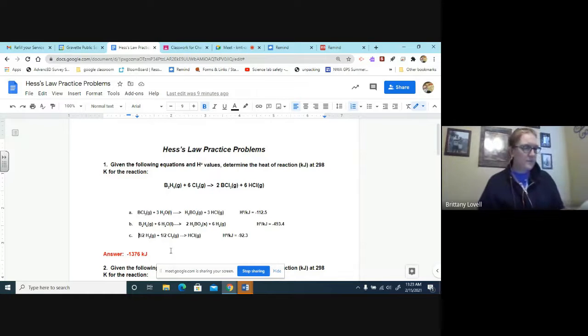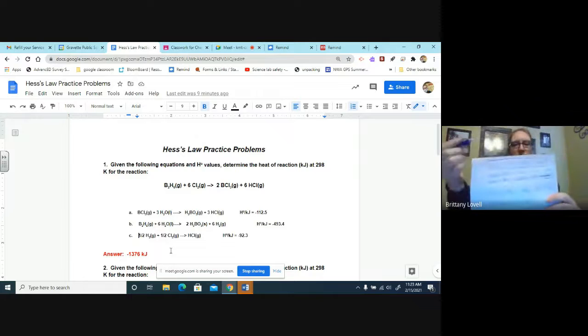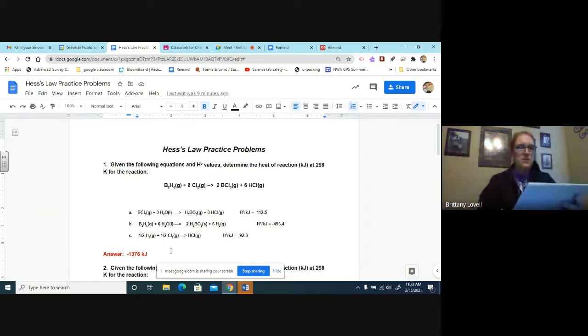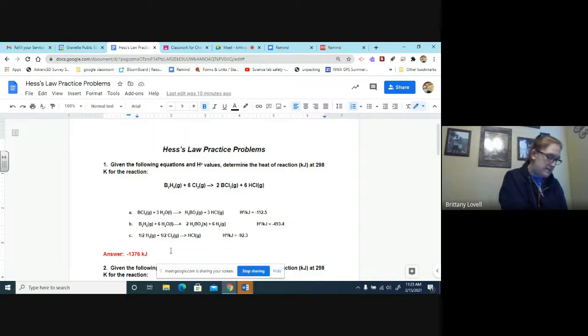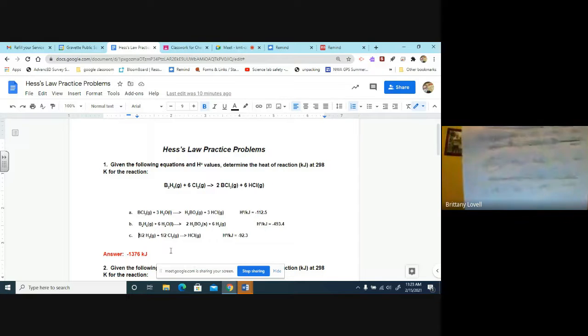So in this top equation, the one that we want, the bolded one, the B2H6, do I have that from reaction B? The answer is yes. So I'm going to circle mine, telling me that I've got that. This is what I need.